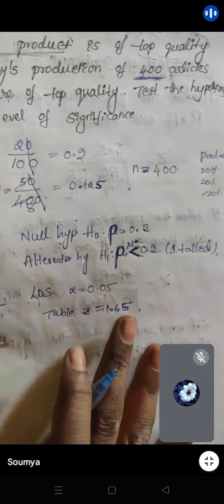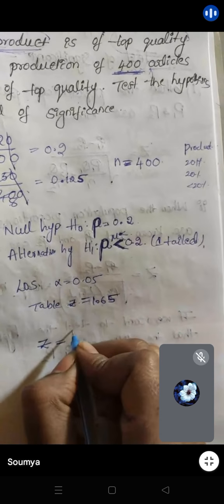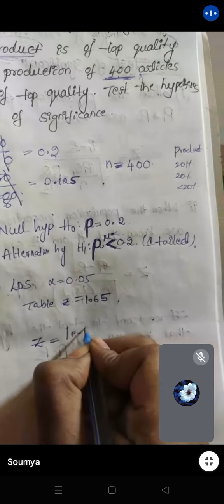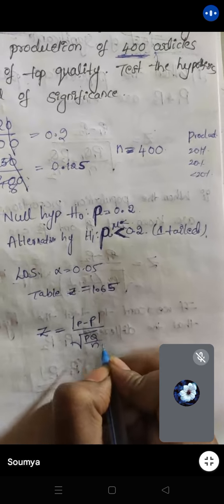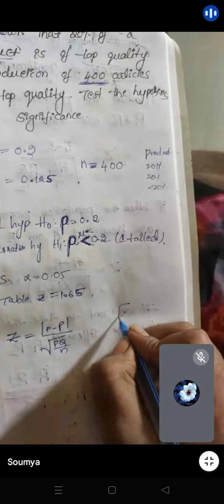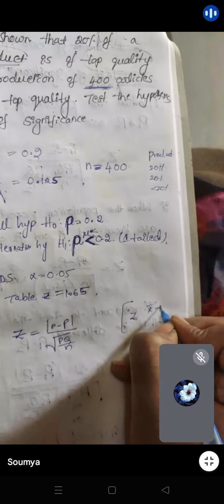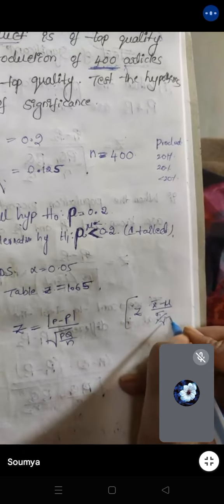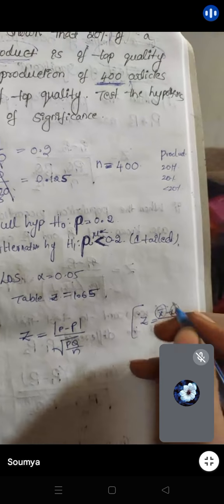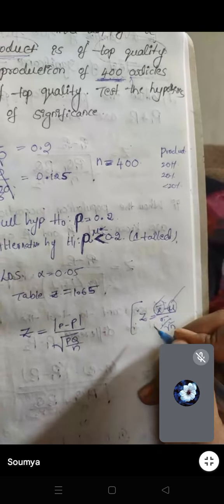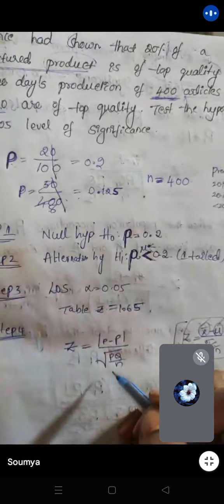Here we have the test statistic formula: modulus of p minus capital P, by under root of PQ by n. In the previous one we had x bar minus mu by sigma by root n, because we had the mean. Here we have proportions.